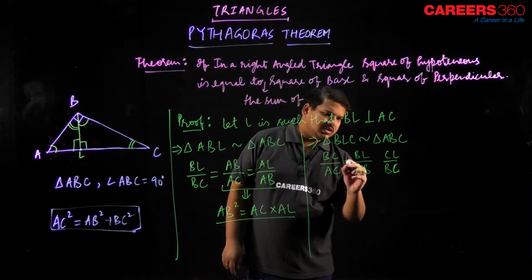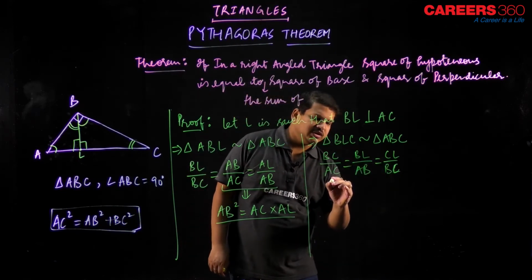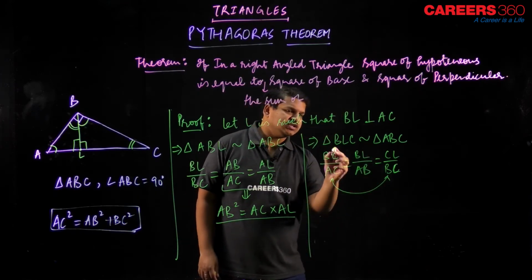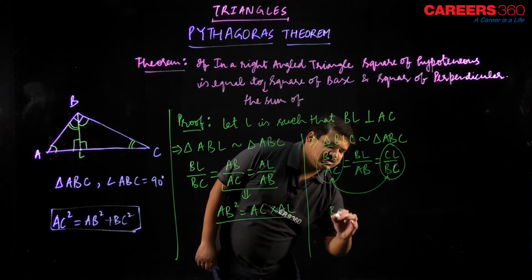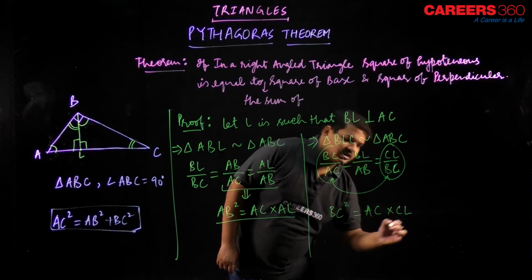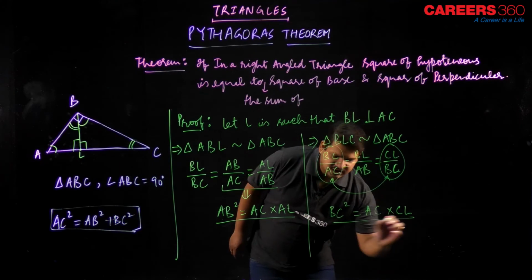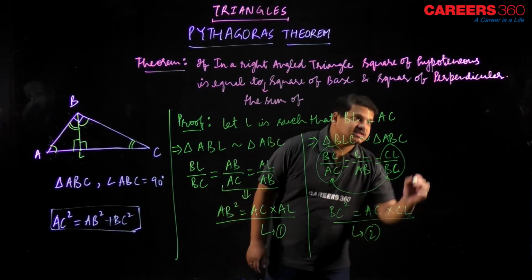So if they are similar, then the ratios of the sides will also be equal, and if I use these two relations, what I will get is BC square is equal to AC into CL, right? Let us consider this one as my first equation and this one as my second equation.